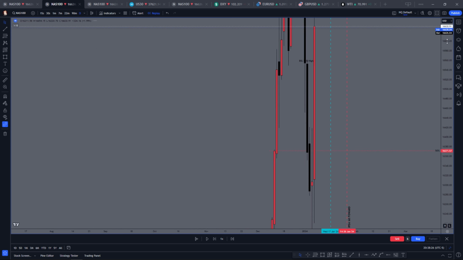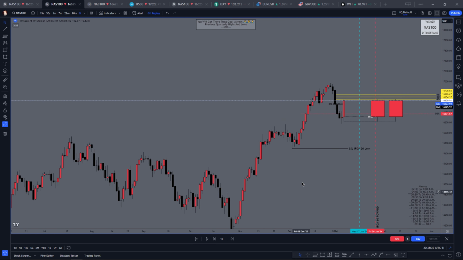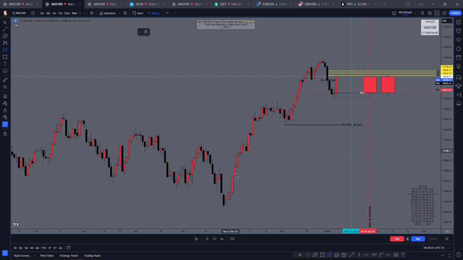At the daily time frame, we'll use it like this. Market structure shift happens: swing low, swing high, swing low. Market structure shift happens here, November 2nd. So the first day when the market structure shift happened of that month. So November 2nd, we would get the first day and start counting from here.